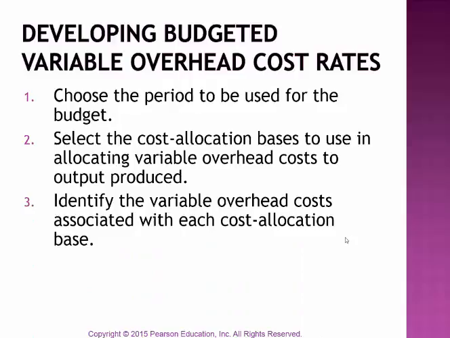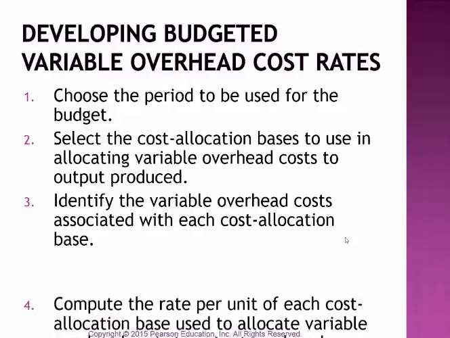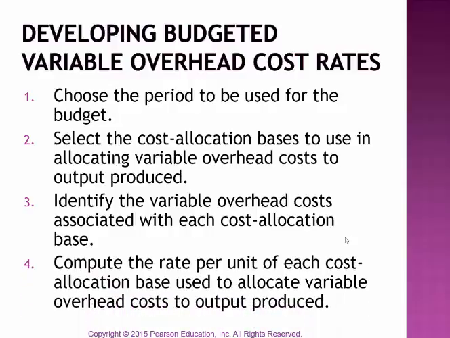We will of course identify those costs related to the variable overhead and sum those up per the cost allocation base. And we're going to then compute the rate per unit of each cost allocation base used.